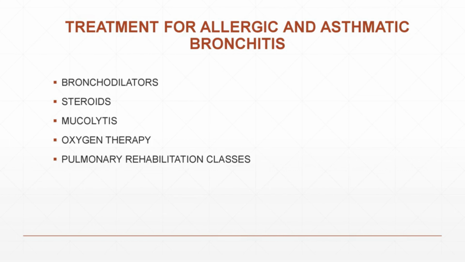If we talk about the treatment for allergic and asthmatic bronchitis, the first one is the use of bronchodilators. Bronchodilators are medications that relax the muscles around the airways. As the muscles get relaxed, the airways dilate and widen.